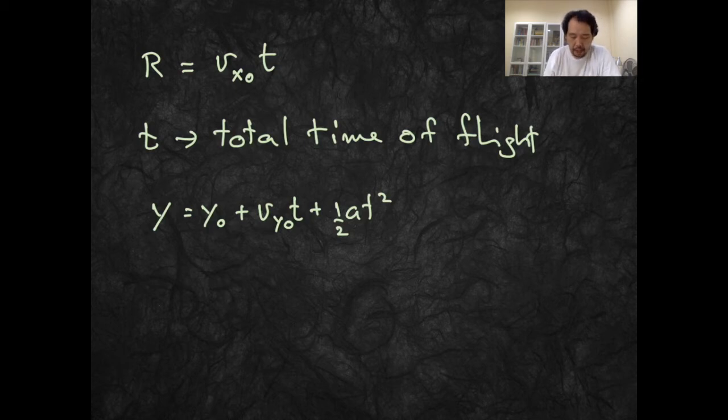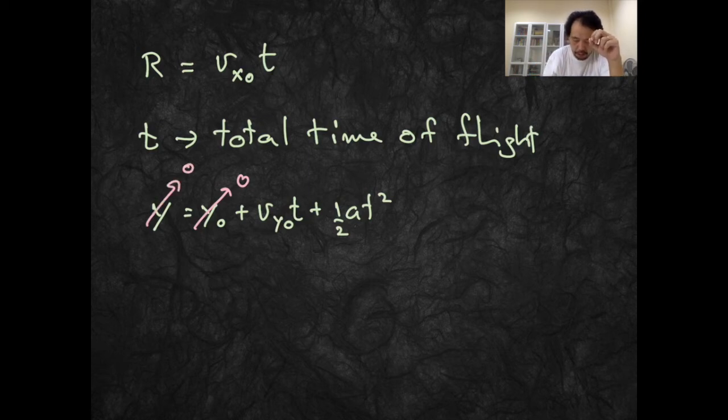Okay, and we know that Vy0 is 0. This is the initial position, and we know that at the end the object comes back to the same vertical position. So it means that y is equal to 0 also.